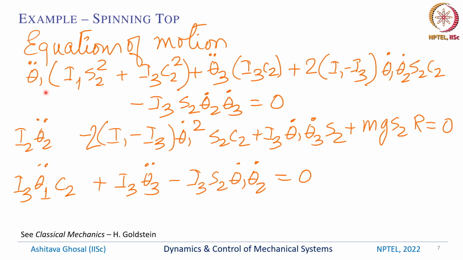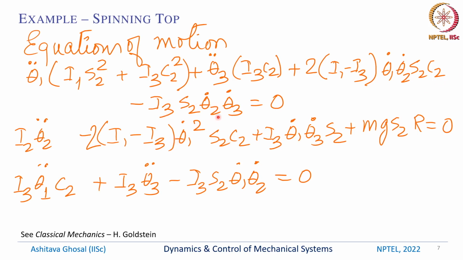So as you can see, the terms multiplying θ1double dot or θ3double dot or θ2double dot, they are like the inertia term. So that is like I times θdouble dot. The terms which are quadratic in θ1dot, θ2dot, they are like the centripetal and Coriolis terms. So we'll have this θ1dot θ2dot times some sine θ2 cos θ2.